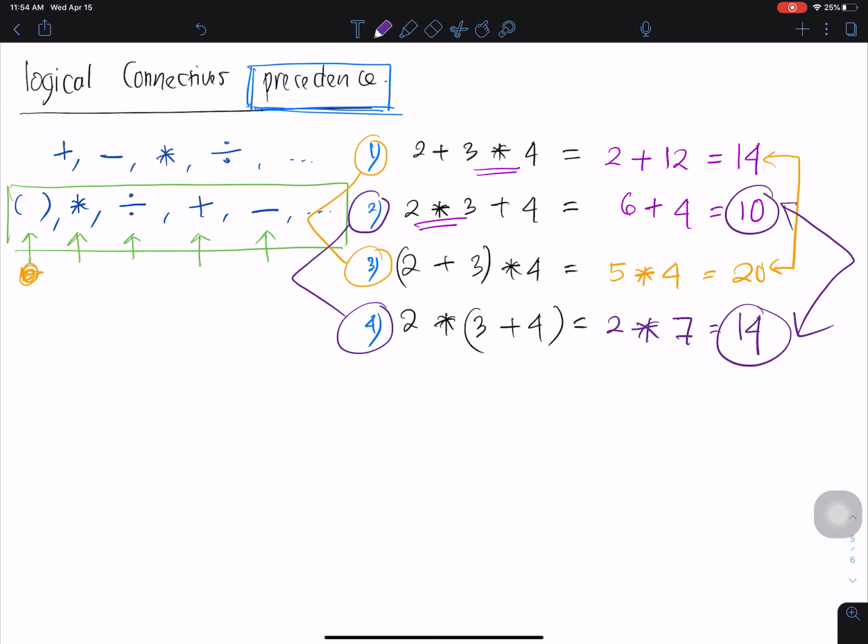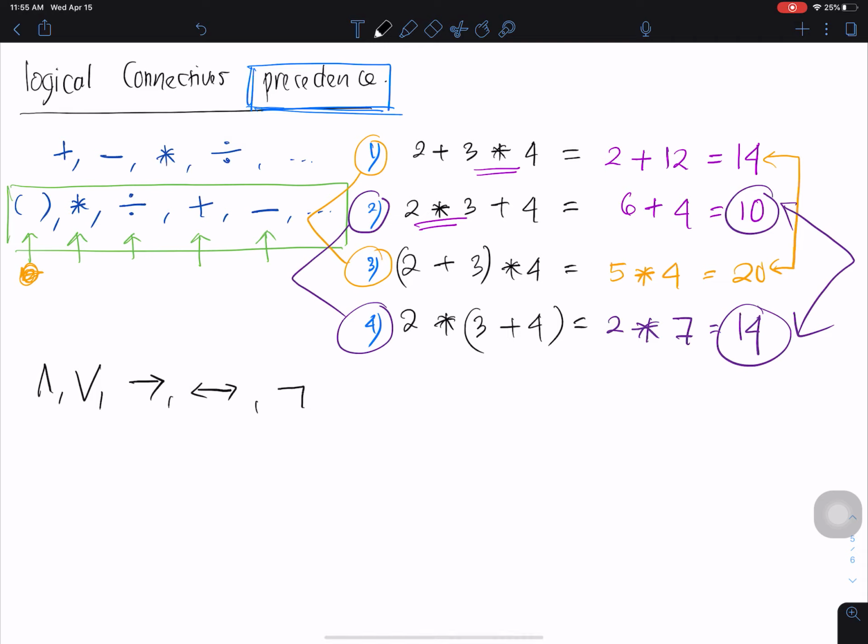How does it look in logical connectives? As we already discussed earlier, we have conjunction, disjunction, implies, bi-implies, and negation. For logical connectives, which one comes first and which one comes after?